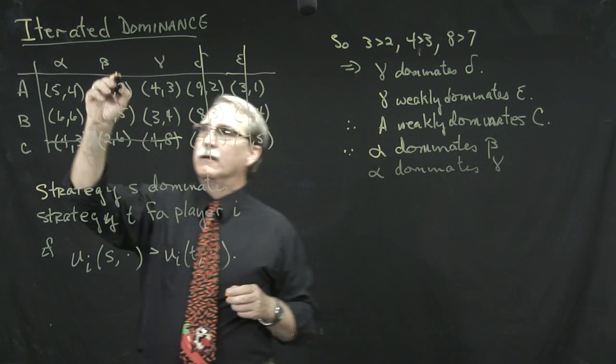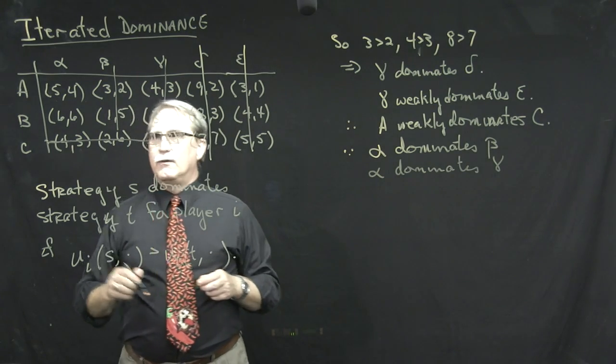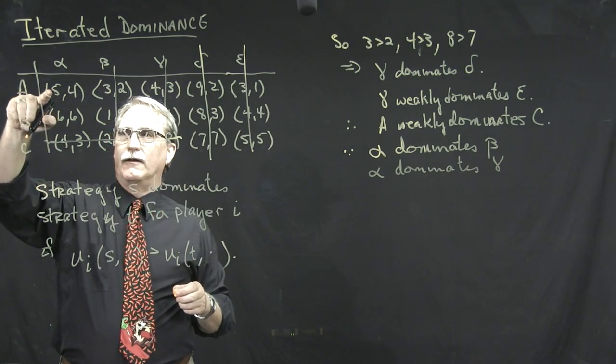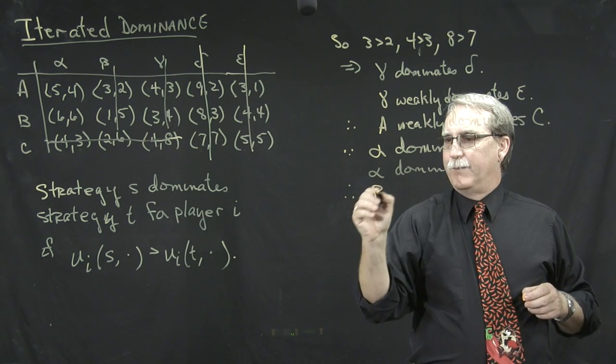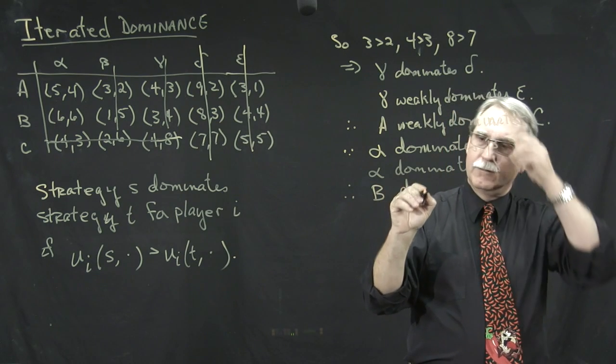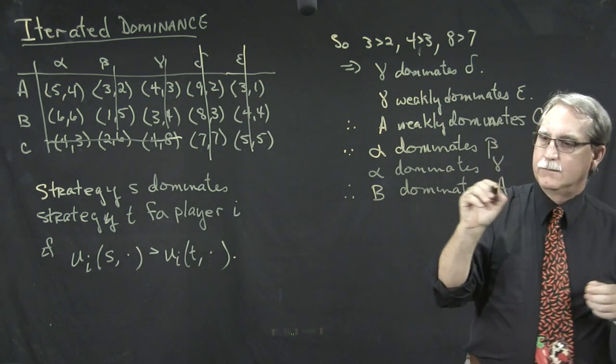So we can eliminate these two columns. And finally, we see that the payoff of 6 is greater than the payoff of 5, and so we can get to the conclusion that B dominates A.